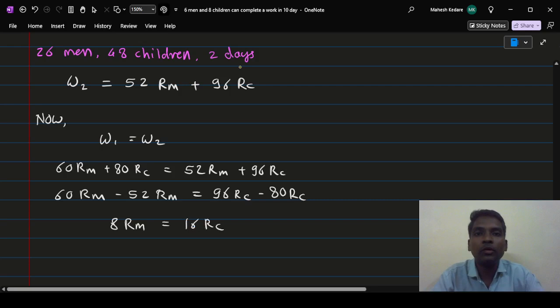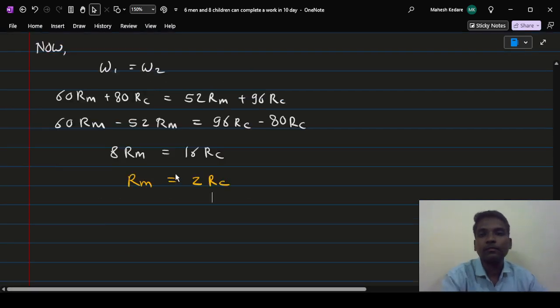We divide both sides by 8 and we obtain Rm equal to 2 Rc. We found that the rate at which a man does work is twice as high as the rate at which a child does work.